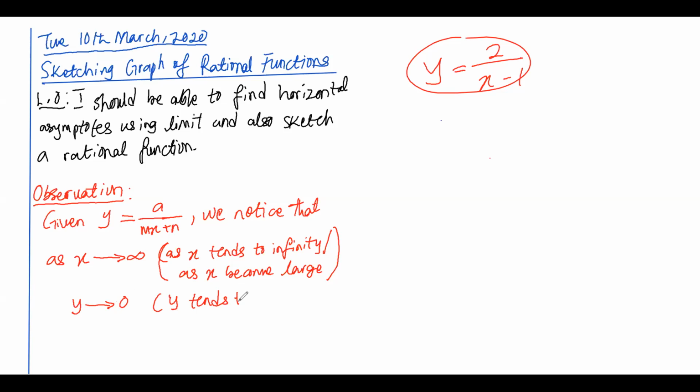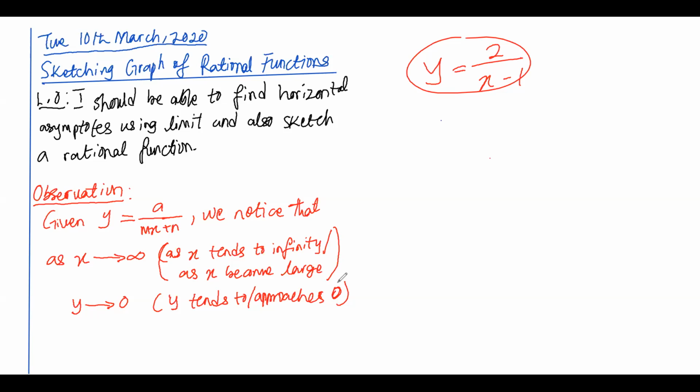Y tends to, or you can say y approaches, and x approaches too. Y approaches 0. So like Leo said, it gets close to 0, but it does not get to 0. So this is the idea of limit that I'm talking about. As x becomes large, as x tends to infinity, the limiting value of y is 0.